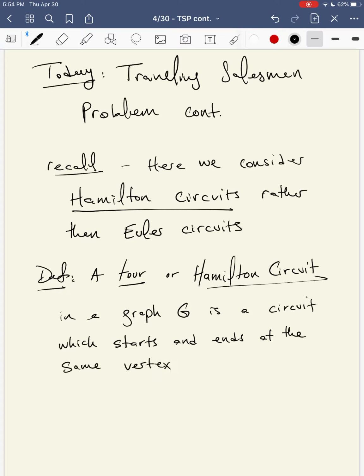So this is a bit redundant. That's in the definition of a circuit, is that it starts and ends at the same vertex. And visits every other vertex exactly once.